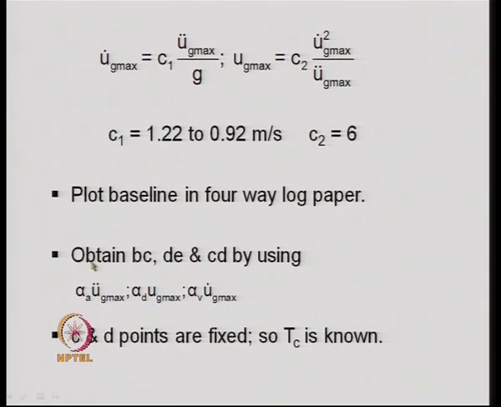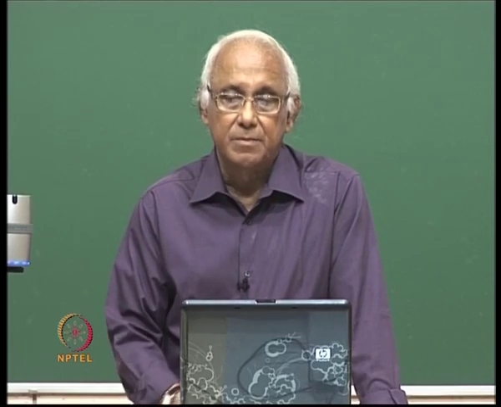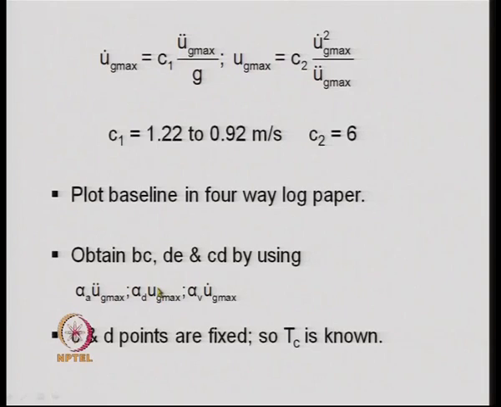Then as we discussed before, obtain the BC, CD and D segments using these multipliers, that is, the maximum ground acceleration is multiplied by alpha A, maximum ground displacement is multiplied by alpha D and maximum ground velocity is multiplied by alpha V. These alpha A, alpha D and alpha V are available for different soil conditions and also for the design earthquake level and the extreme earthquake level in various literature, and they are obtained from past earthquake records.